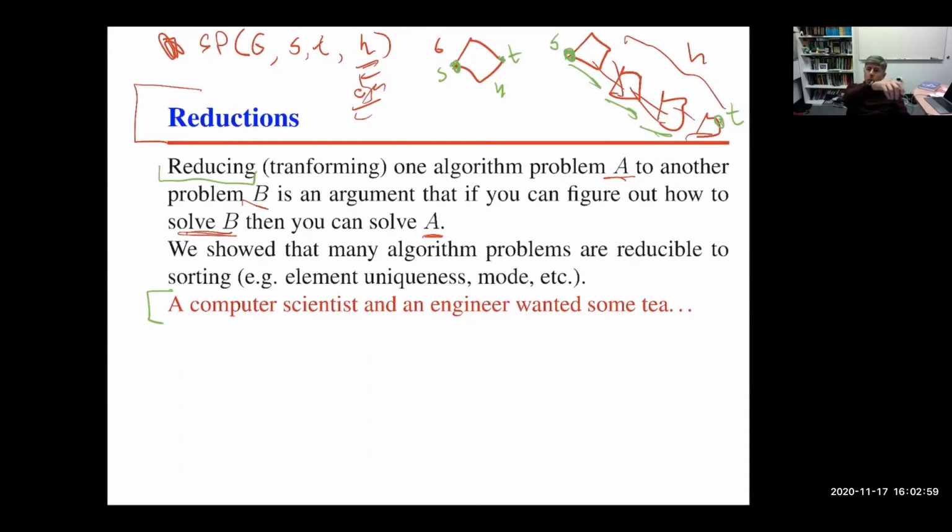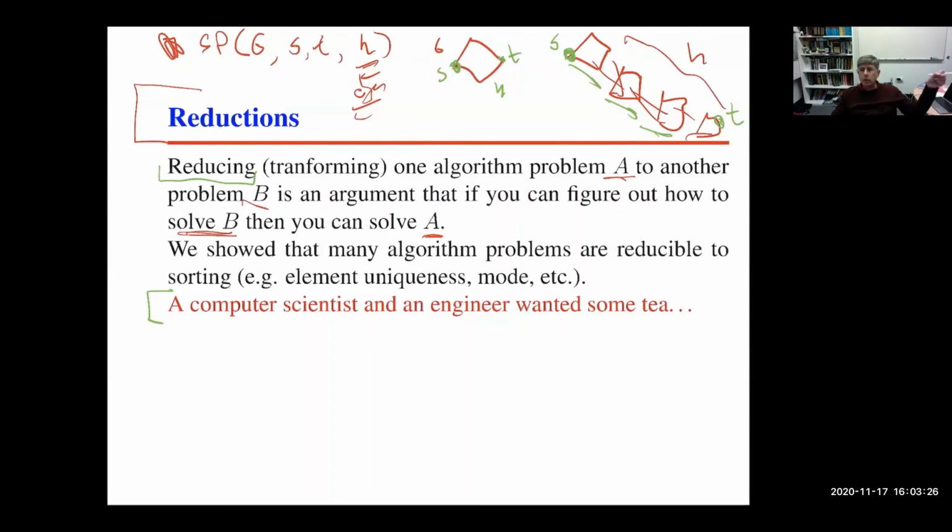The engineer goes to another cabinet, pulls out a tea bag and a cup, puts the tea bag in the cup, takes the teapot with the boiling water, and pours it into the cup. The computer scientist is looking on interestedly. A minute later, he says, I want some tea. What does the computer scientist do?